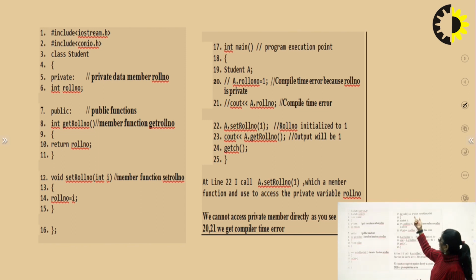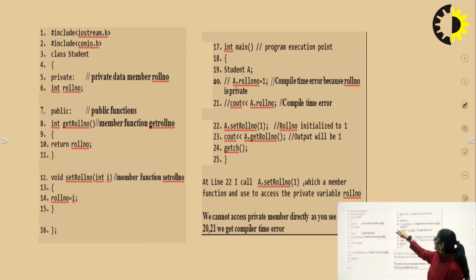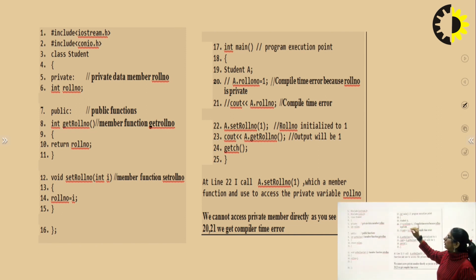Now after that, in the main method, after terminating the class, after creating the object of that class, if I directly give a value to this data member, like a dot roll number equals 1, and it is specified under private mode, this will not be applicable.